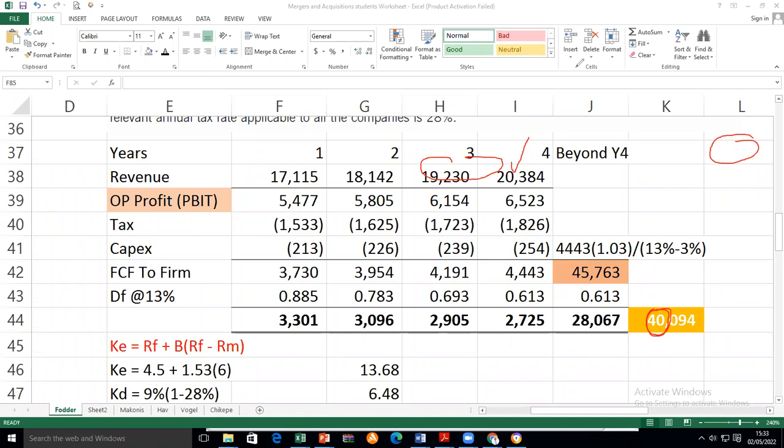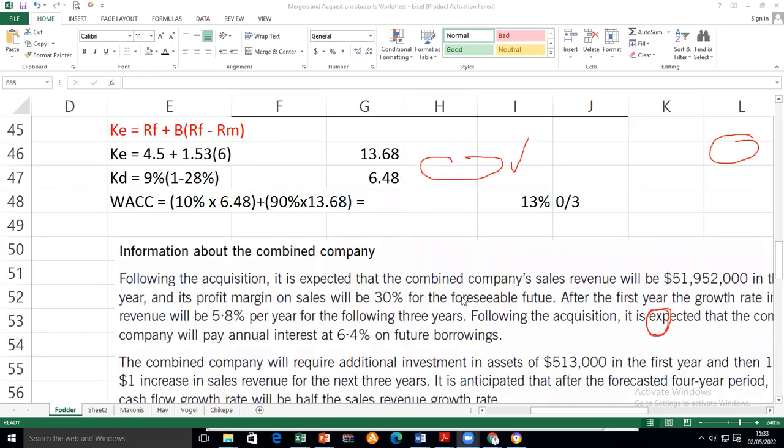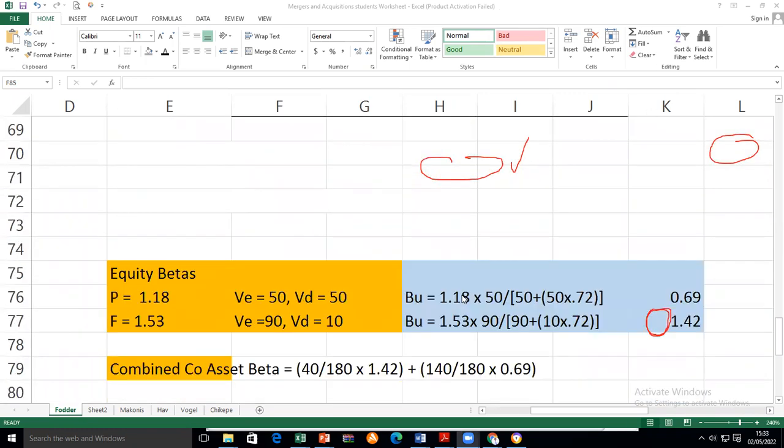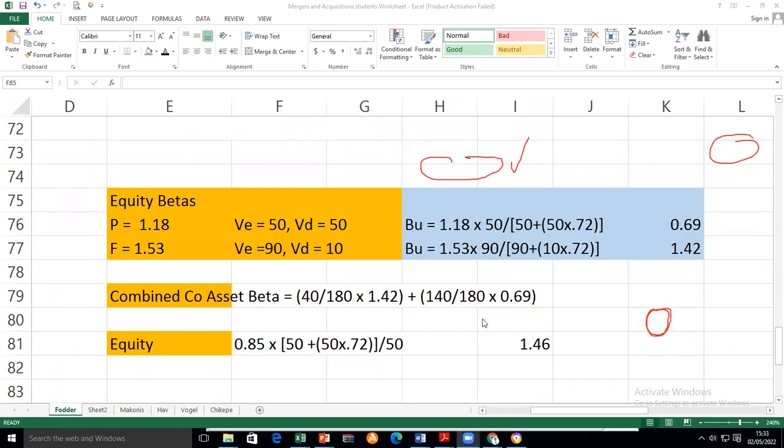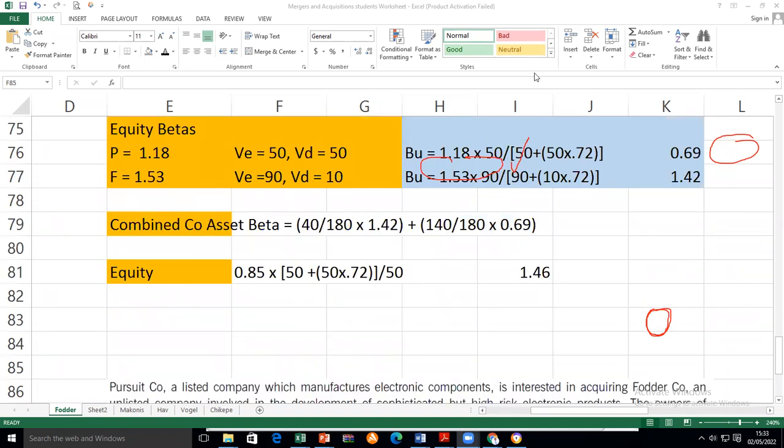So with this information now, we can proceed to find the weighted average. The value of P is 140. The value of F is 40. The total is 180.